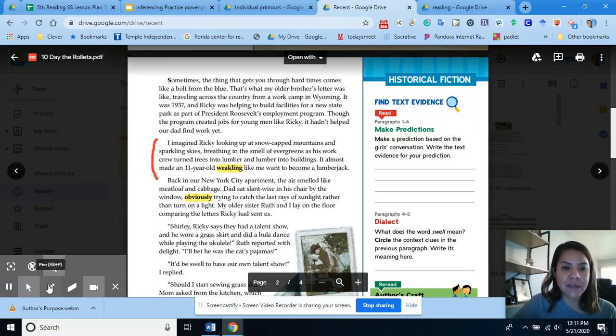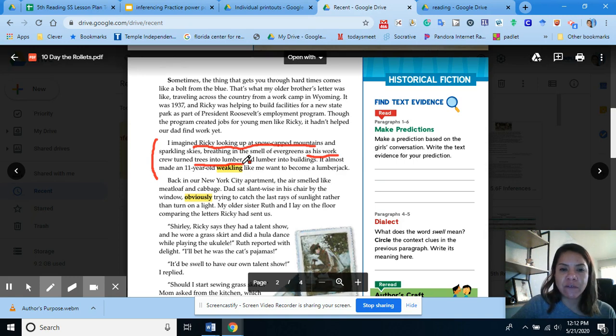He says that he's imagining Ricky looking up at mountains. He's imagining him working, turning trees into lumber. Lumber is a fancy word for wood because wood comes from trees, right?